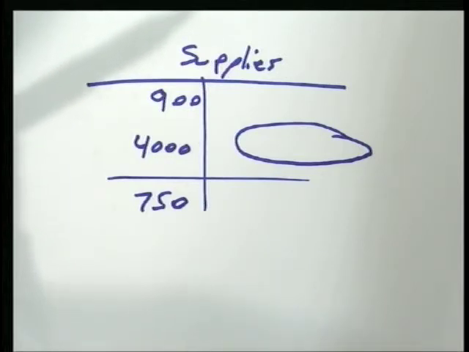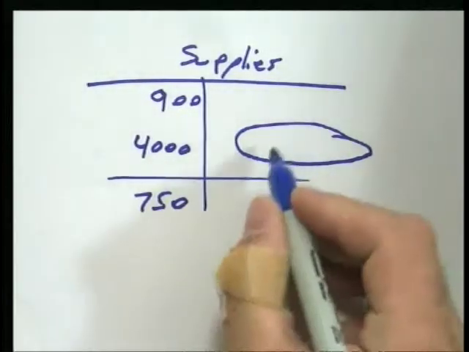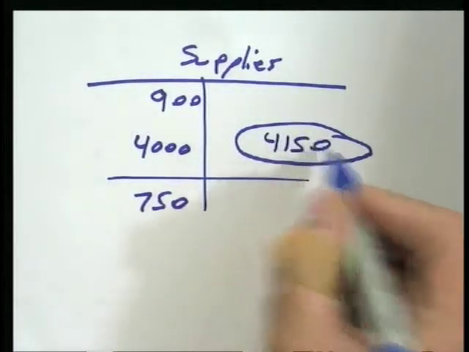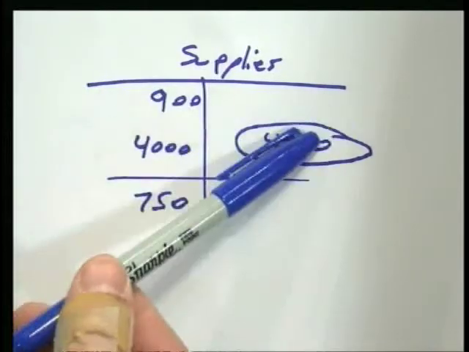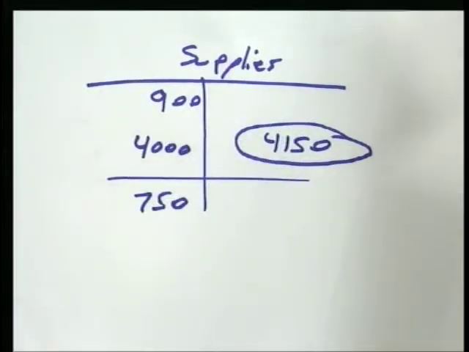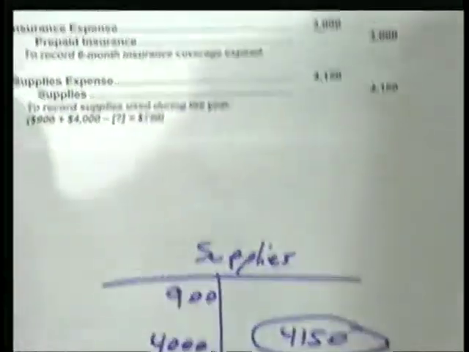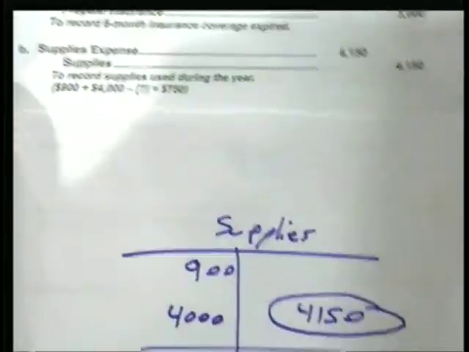And what is that amount? 4150. Once again, does that plus that minus that equal that? Yes, it does. Okay? So the AJE would be right there at the top.